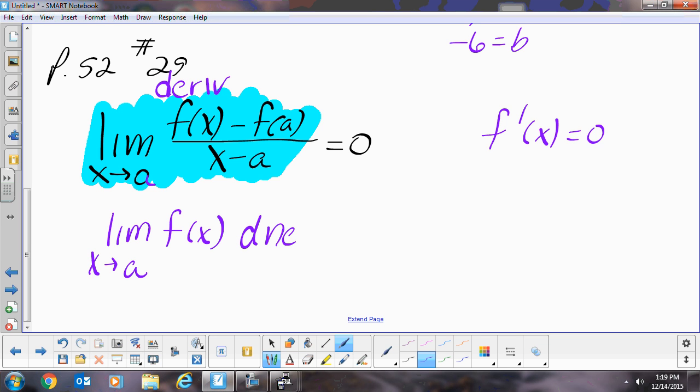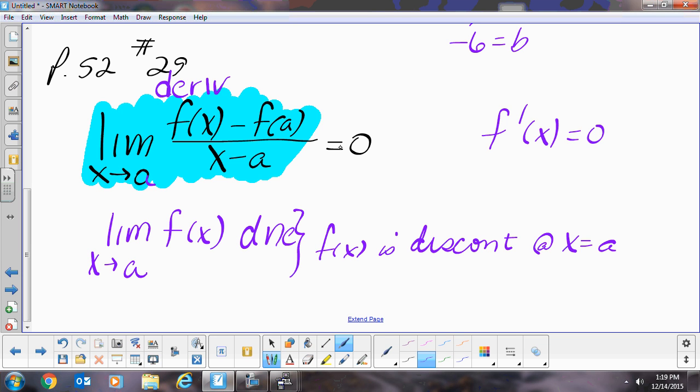Because it doesn't have the f of x minus f of a, correct? So they're telling us that this y value does not exist. Can the y value not exist and the derivative exist? If the y value doesn't exist, isn't it discontinuous? This tells me that f of x is discontinuous where, specifically? At x equal a. Well, if it's discontinuous at a, the derivative cannot be equal to 0.